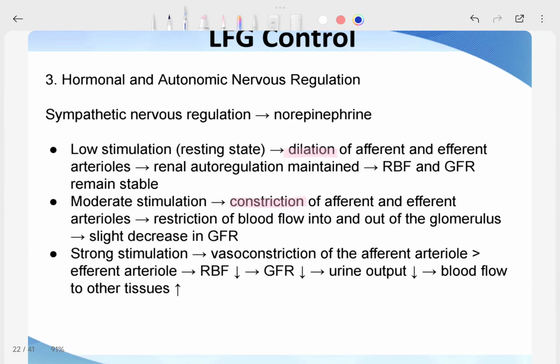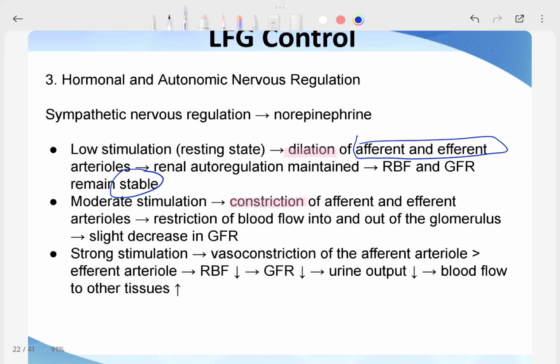The third one is hormonal and autonomic nervous regulation. In this one, if we look at the type of stimulation, there are three types. The first one is low, which is at rest. The effect on the arterioles is that the afferent and efferent will both dilate, and because of that, the GFR will be stable.